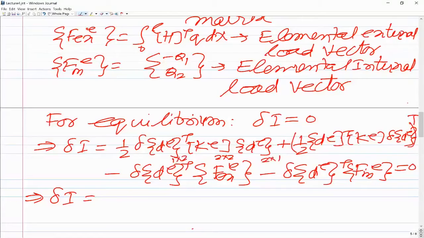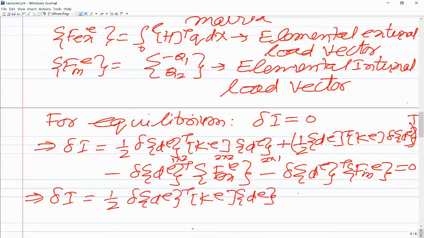When I write the transpose, you will have half of delta dE transpose into ke into d, and when you write the transpose of the second, half will be there. If you have the product of three matrices ABC whole transpose, that would be C transpose B transpose into A transpose.